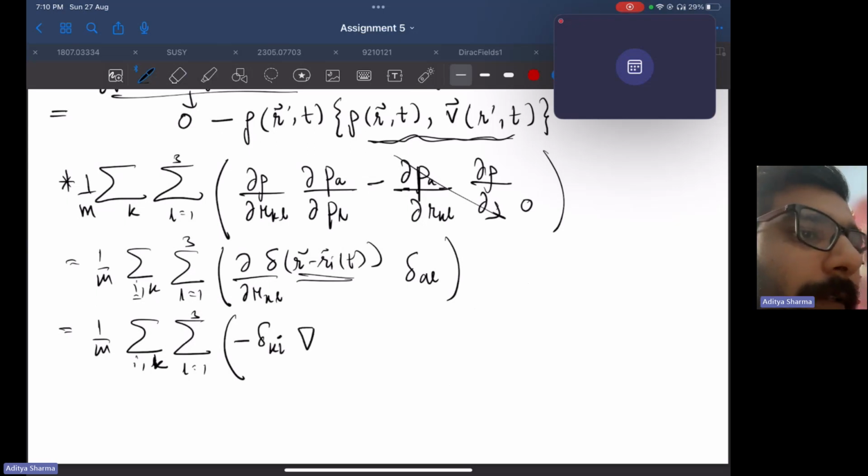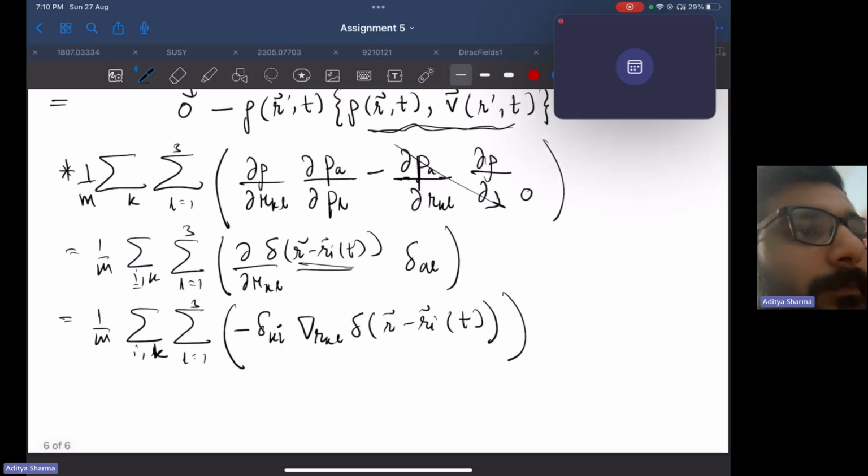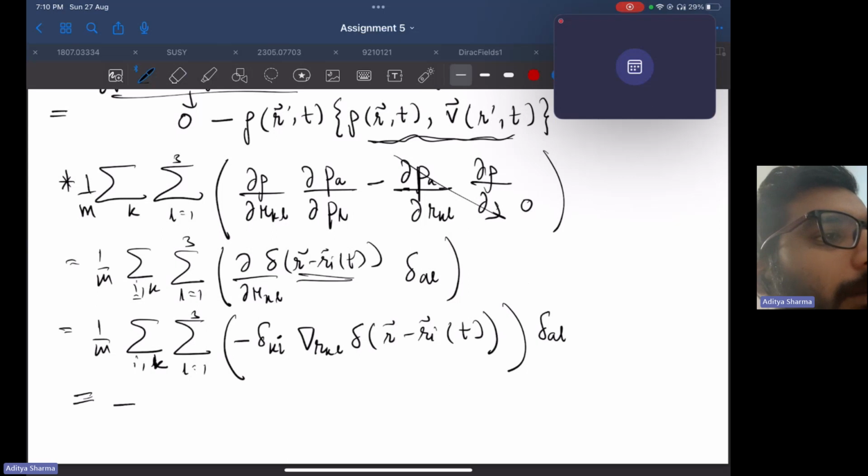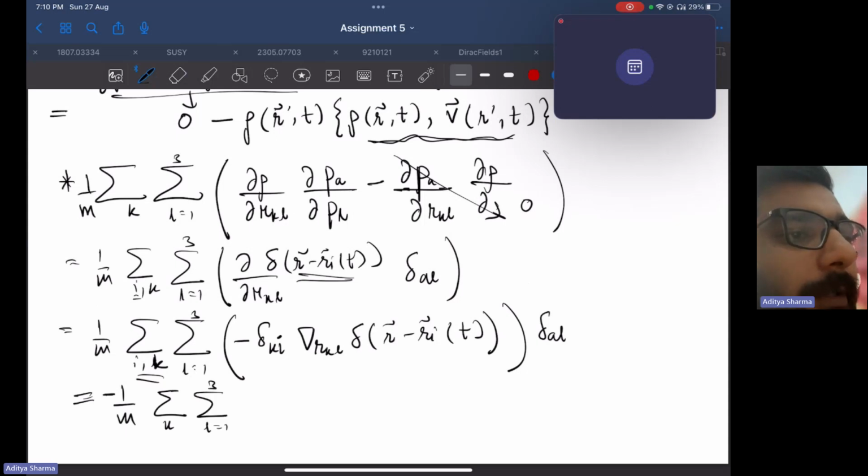And you will get this R_k, integral delta of R vector minus R. So when you do that, you will get 1 by m. This will be just sum over k, the minus sign, and over k, sum over a, 1 over 3.